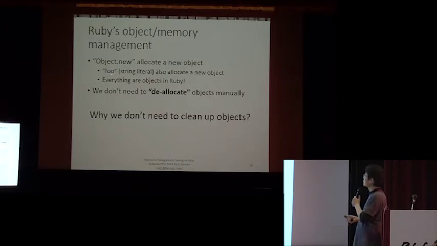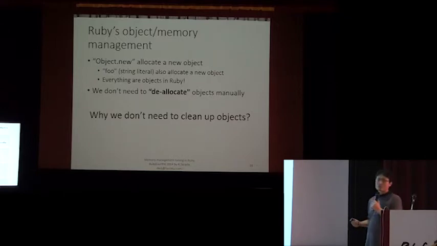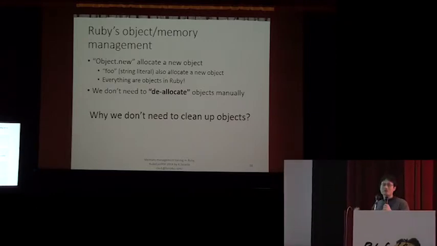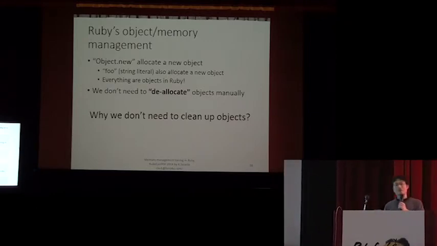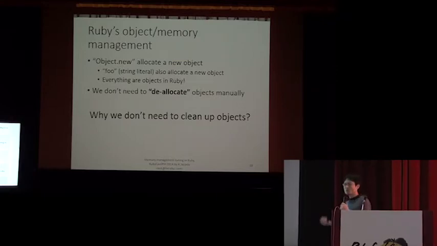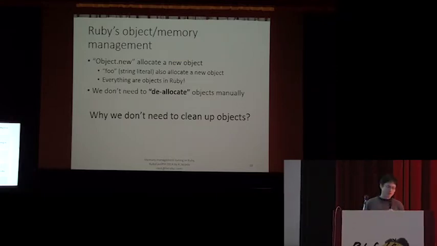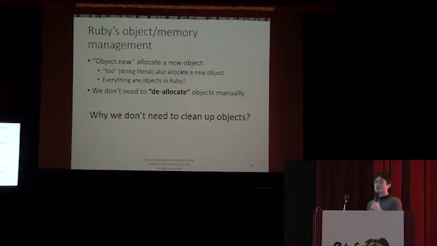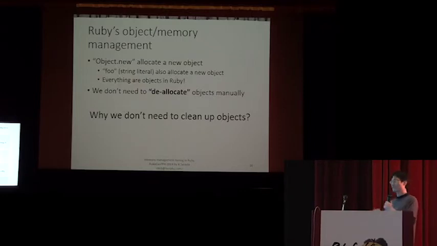And this string literal also allocates new string objects. There are many object allocations in a Ruby program. But we don't need to write the allocation code, and maybe you don't write object.free or something.